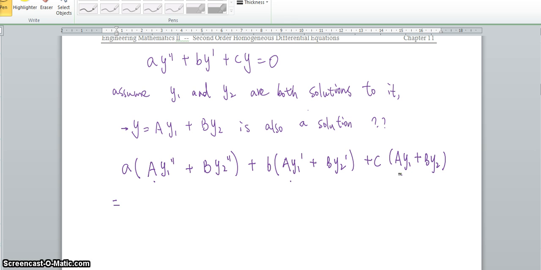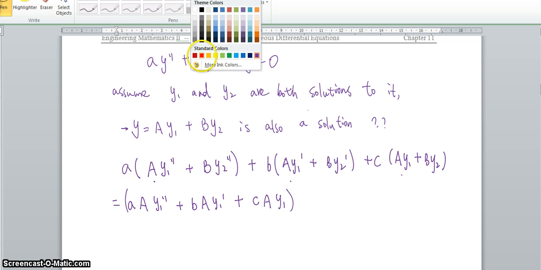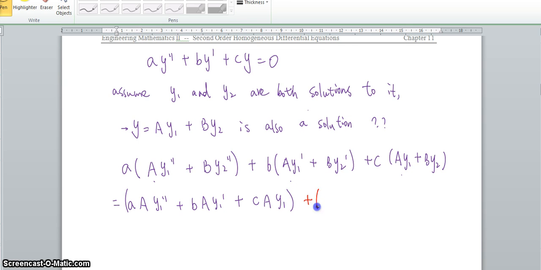Let's combine all these terms together, which will give me a y1 double prime plus b a y1 prime plus c a y1, and the rest, let's put them together, plus capital B y2 double prime plus b y2 prime plus c y2.